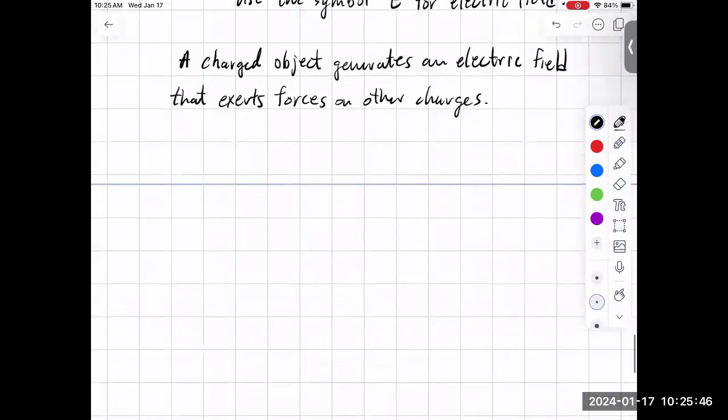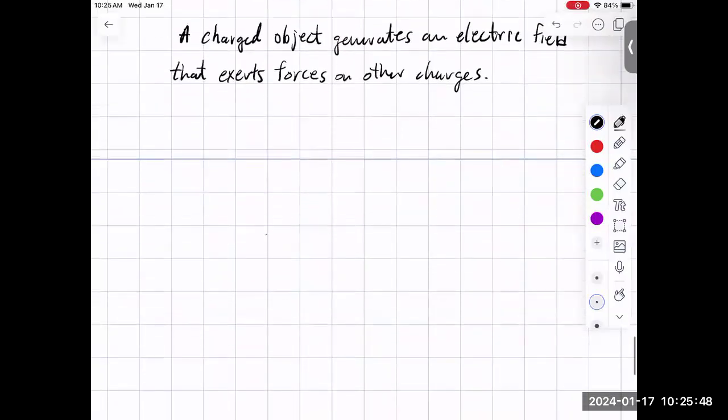Okay, so the idea is maybe we have some distribution of charge. We can call it capital Q, so we'll draw a bunch of positive charges here.